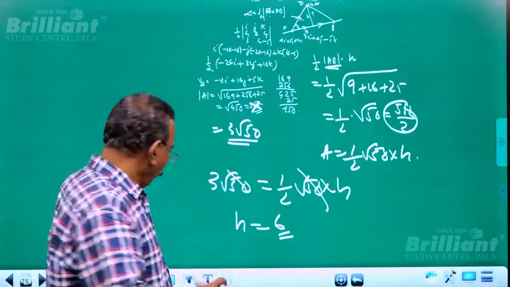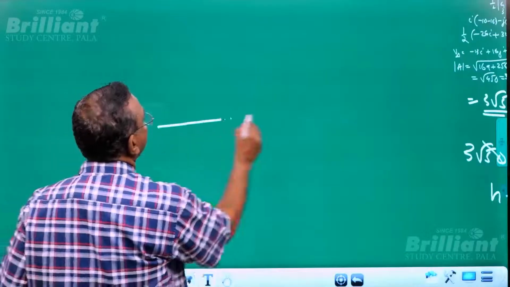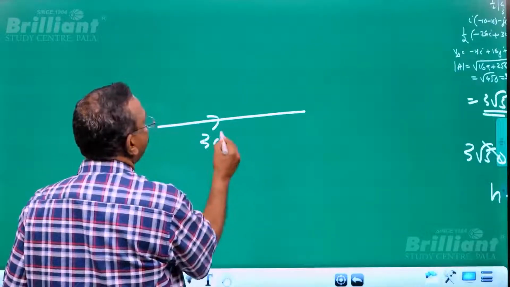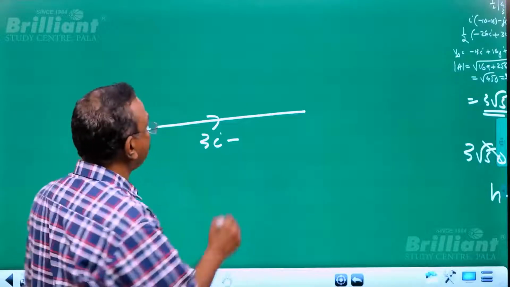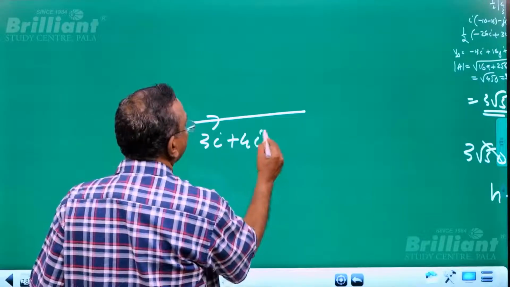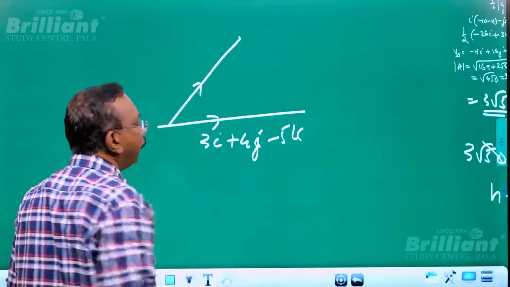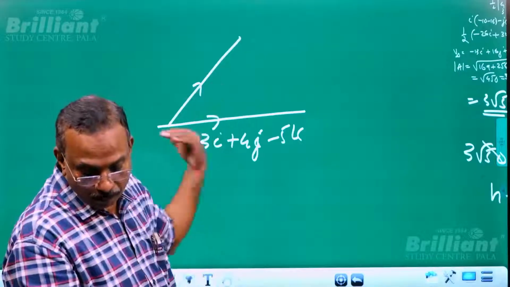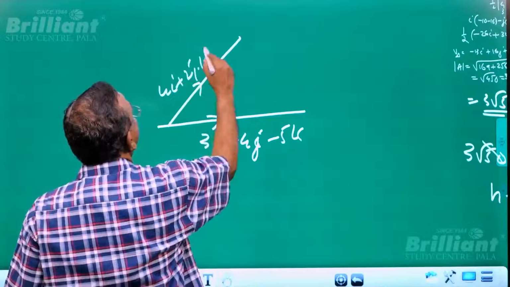So here, you can identify the expression like this. Suppose this is the vector 3i plus 4j minus 5k. And here this is the vector, the line from origin to that point, we can easily observe, 4i plus 2j plus 4k.